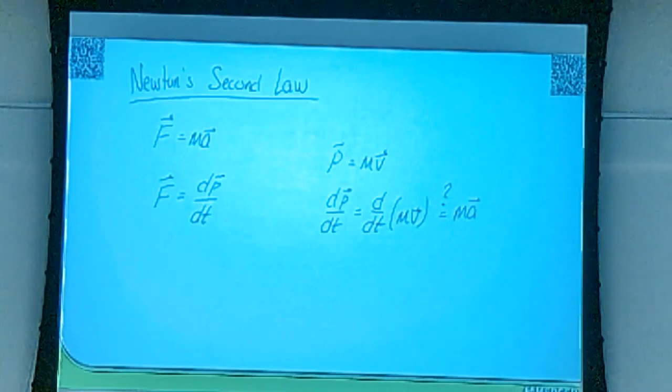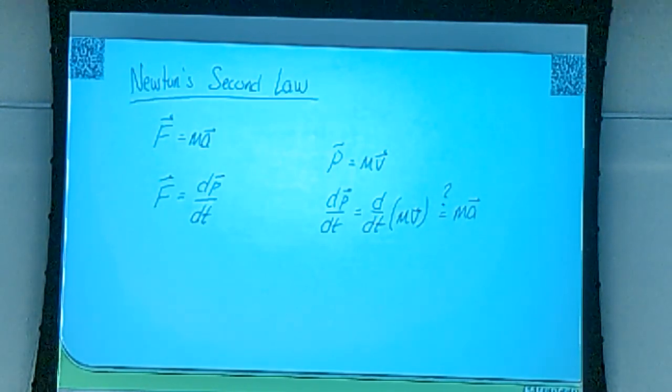It's valid in certain circumstances, when the change in mass is so small that you can ignore it. Under what conditions would that occur? When you move much, much slower than the speed of light, which for everyday scenarios happens.